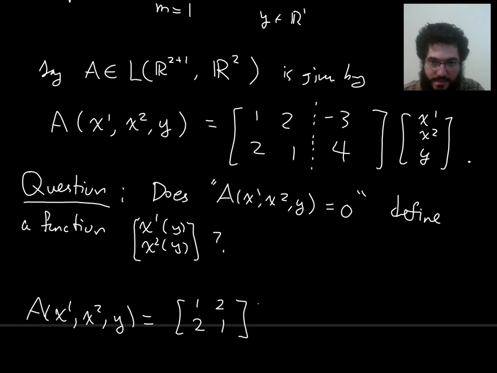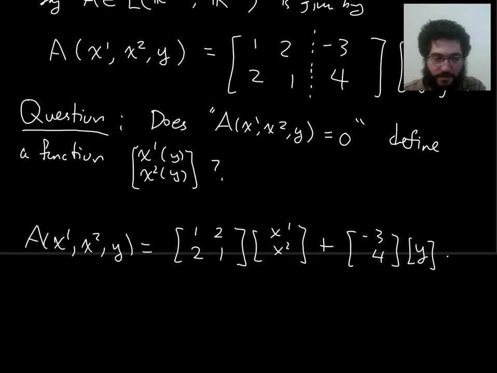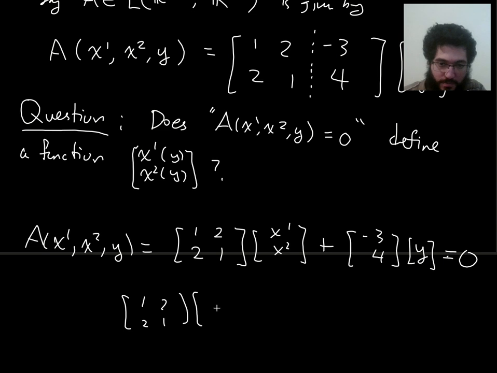So you're going to get this applied to the x part plus this applied to the y part, right? So this is a 2 by 1 matrix applied to a column vector with one entry. And if you write down the equation, this equals 0, then yeah, that does define x1, x2 as a function of y, because this matrix here is invertible, right? So this is how you would manipulate the equation.